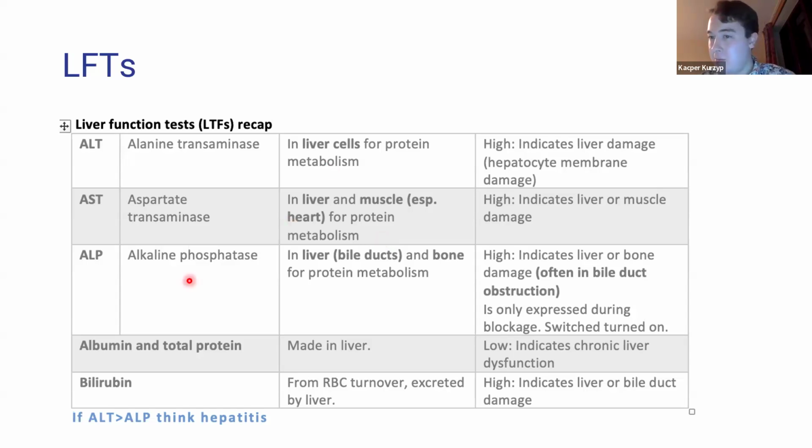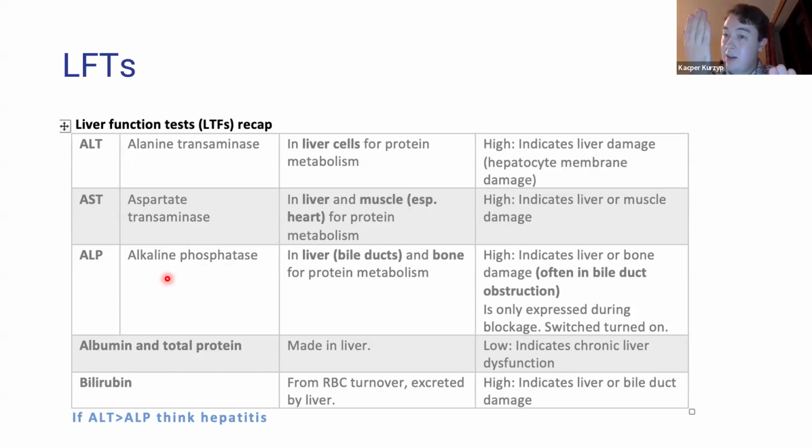ALP or ALK-Phos is expressed in the biliary tree. So if the damage is happening to the biliary ducts, this one will be sky high. The problem is oftentimes both of them are elevated. So what I advise you to do is to cut the upper norm and see, is the ALT and AST more elevated out of proportion, or is it ALK-Phos that's more elevated out of proportion?